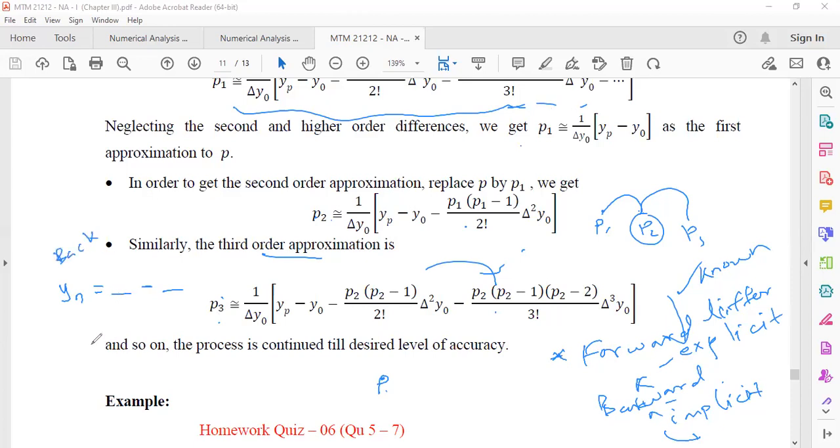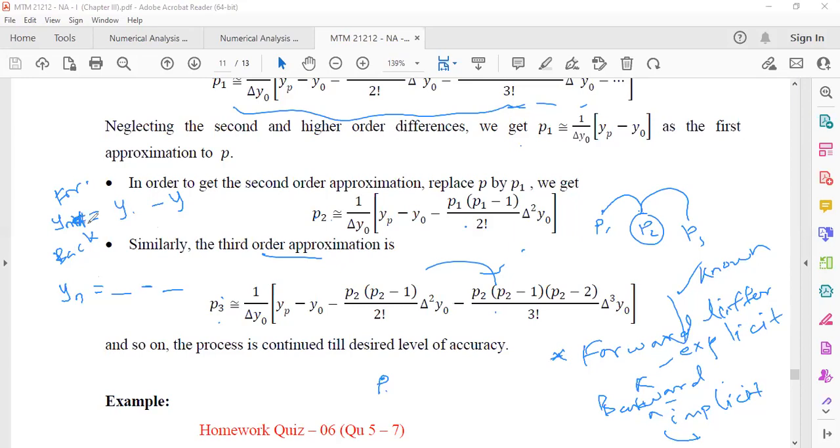So in the forward, if you ask yn, what will be the yn? Let's say yn plus 1, what is the yn plus 1 in the forward?